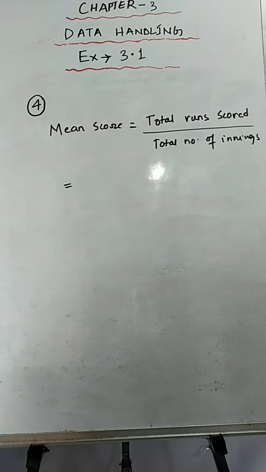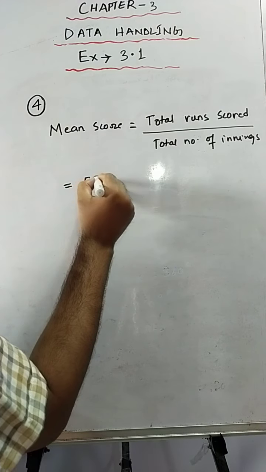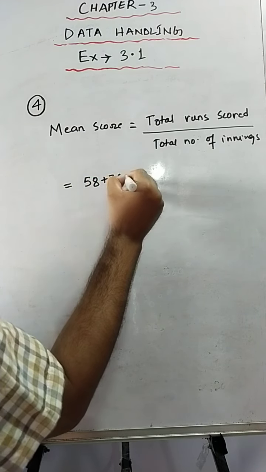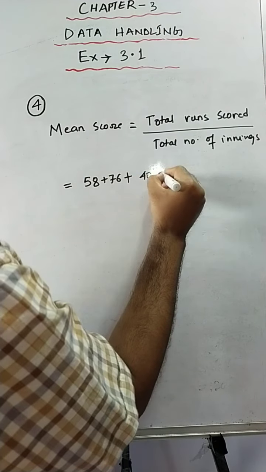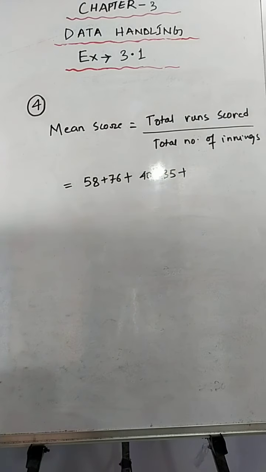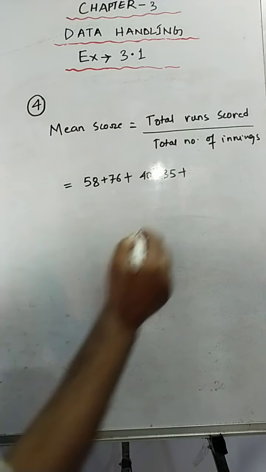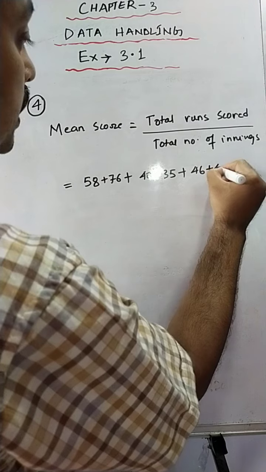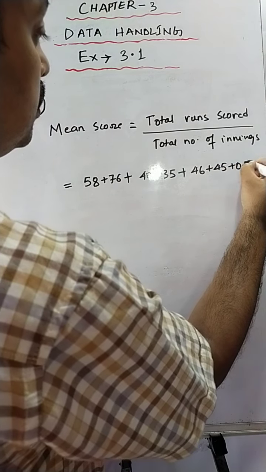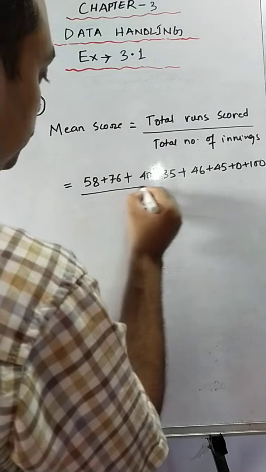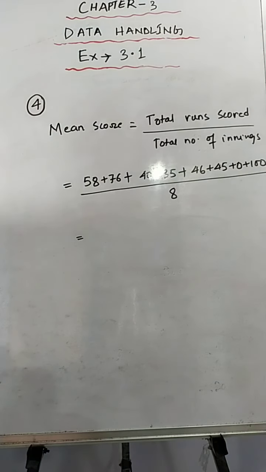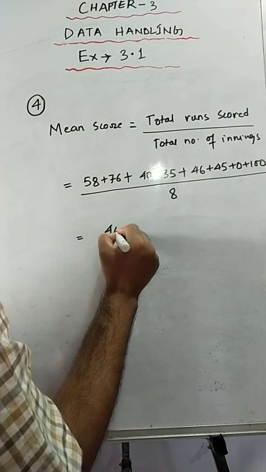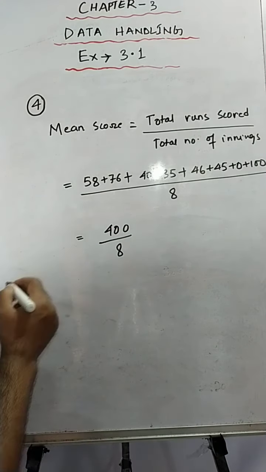We'll write 58 plus 76 plus 40 plus 35 plus 46 plus 45 plus 0 plus 100, and this will be divided by how many innings? 8 innings. If you add all these numbers, you will get the sum as 400, divided by 8.